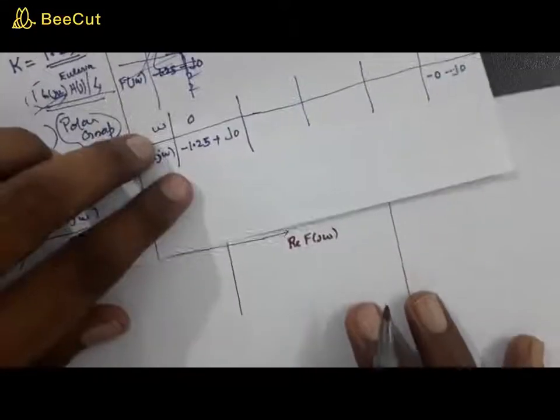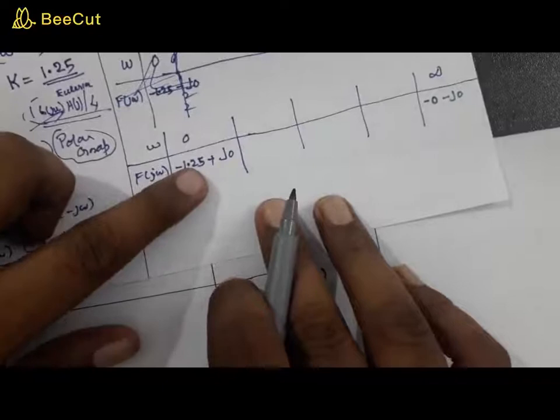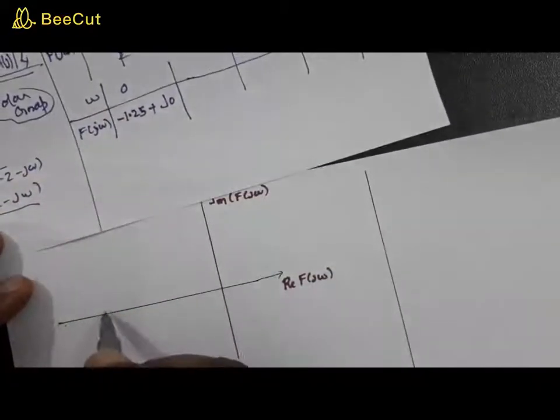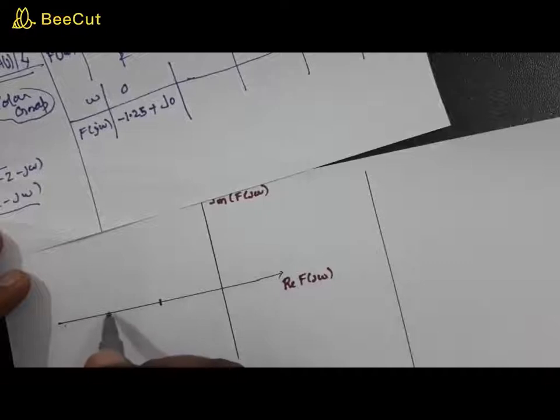And we got F of j omega as minus 1.25 plus j0. Minus 1.25 means this comes around over here, right? So let it be 1, let it be 2, so this must come over here.